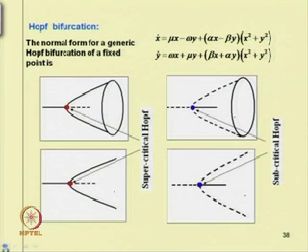So, in this case our one dimensional equation becomes x dot equal to mu x plus alpha x square.